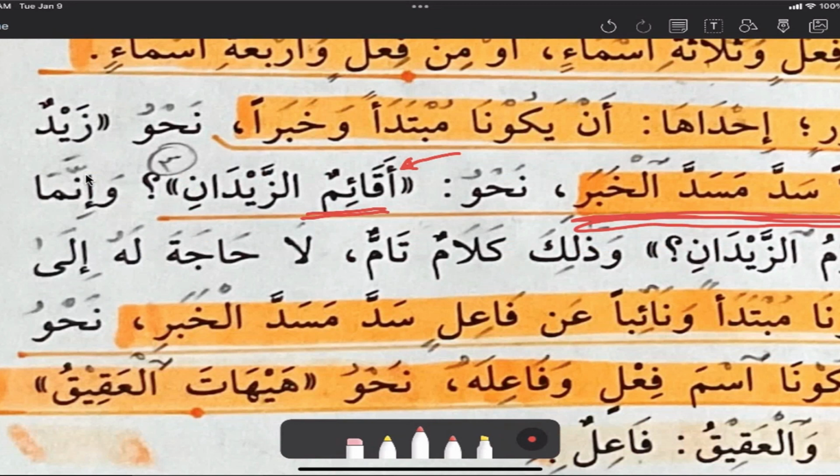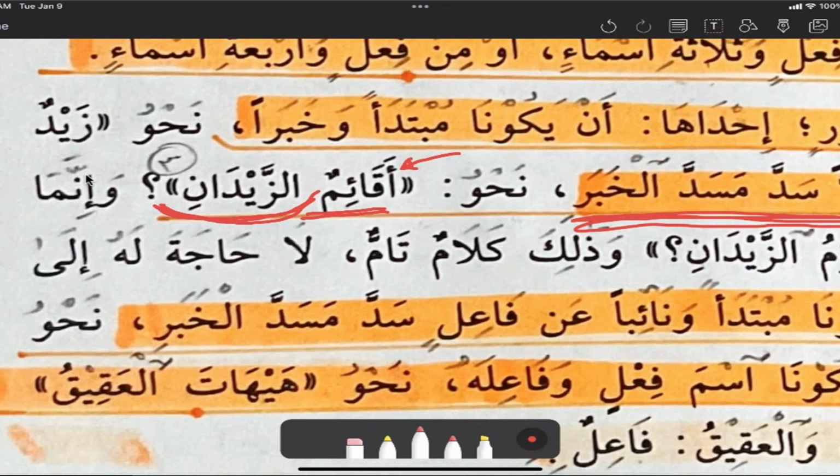And this ism here, that's the subject of the sentence. So a subject needs a predicate to be speech. So then there came this word az-zaydan, the two Zaids. Aqa'imun az-zaydan. So the sentence means, are the two Zaids standing?